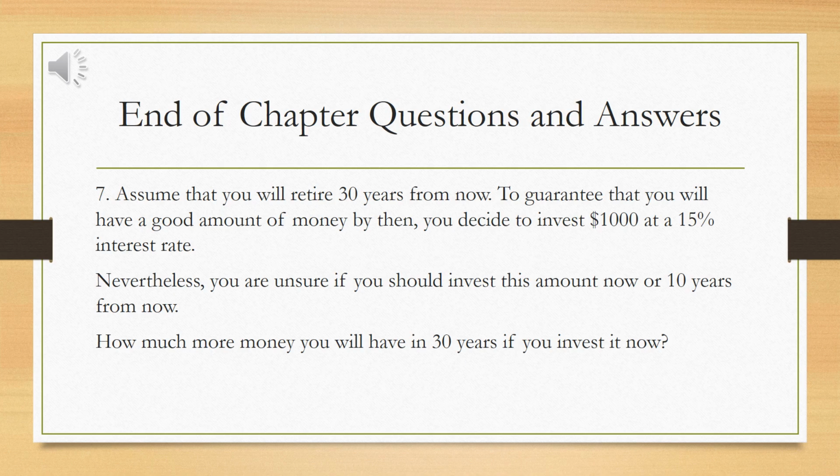Assume that you will retire 30 years from now. To guarantee that you will have a good amount of money by then, you decide to invest $1,000 at a 15% interest rate. Nevertheless, you're unsure if you should invest this amount now or 10 years from now.